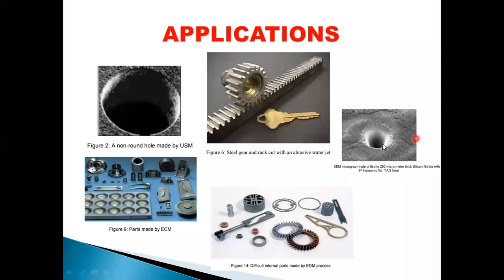You see one more thing, the microscopic photograph, which shows silicon nitride, a ceramic, a very hard material, in which I can drill a hole of the order of 250 microns. That I can do using a non-traditional machining process.